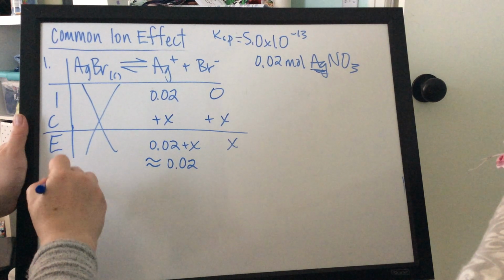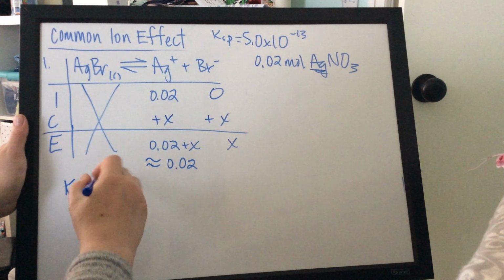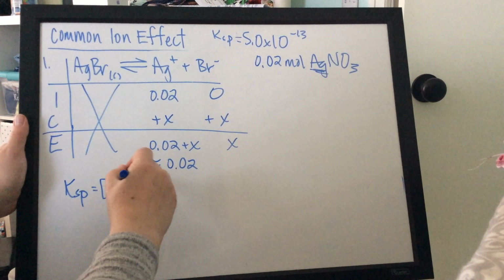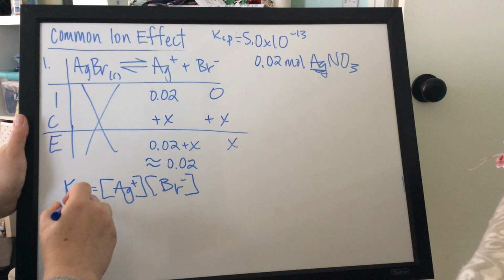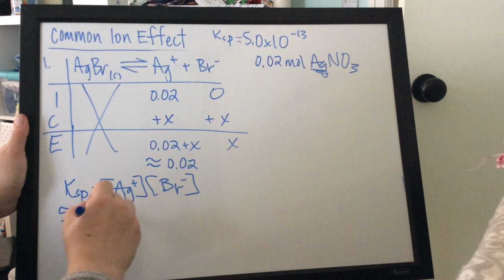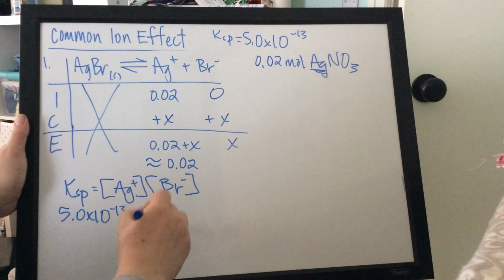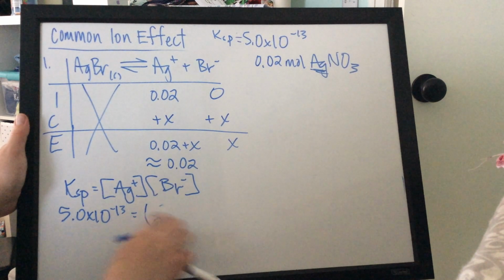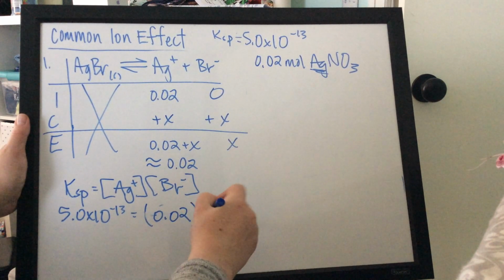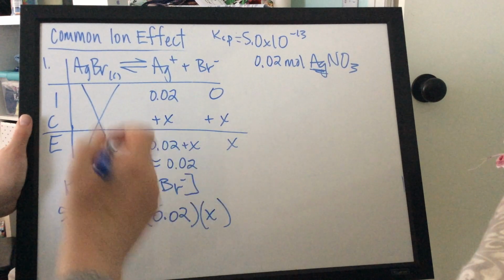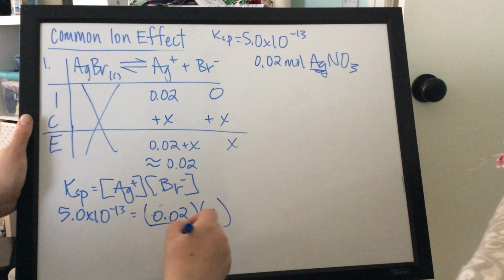And then we write the KSP. We plug it in and we solve. So KSP was silver times the bromine. KSP is up there, 5.0 times 10 to the negative 13. Silver is being represented by 0.02, bromine is being represented by the quantity x. So all I have to do here is divide by 0.02.